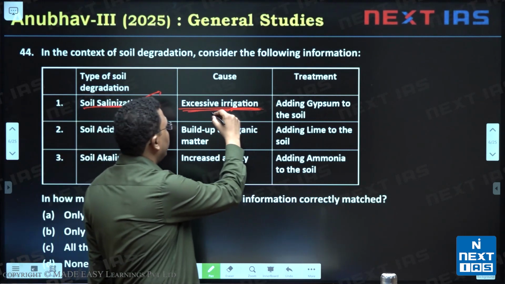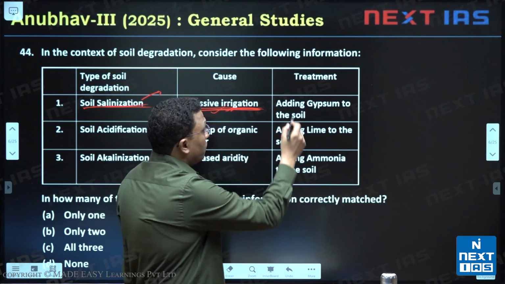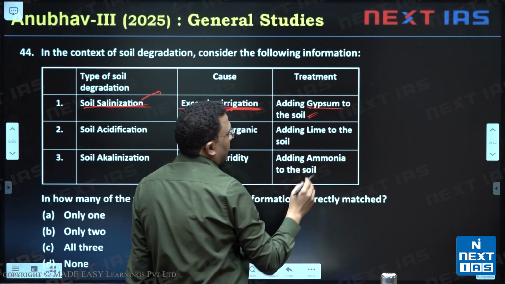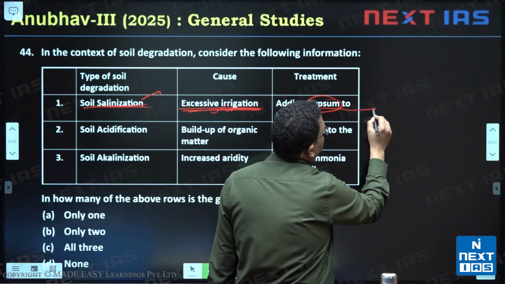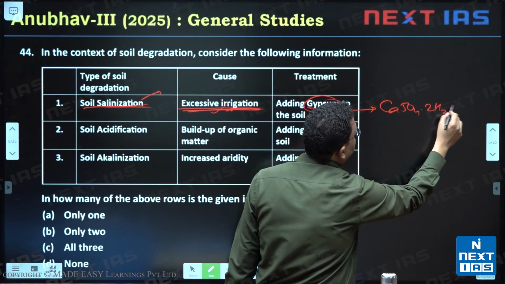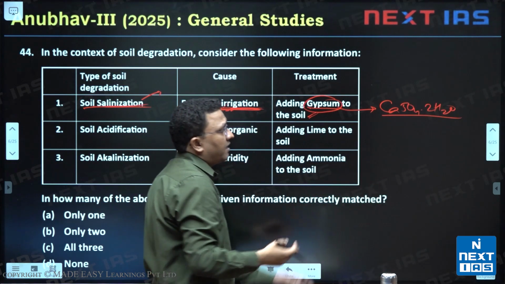So this is correct. Now coming to its treatment, adding gypsum to the soil, this is correct. Gypsum is basically CaSO4·2H2O, a calcium sulfate.